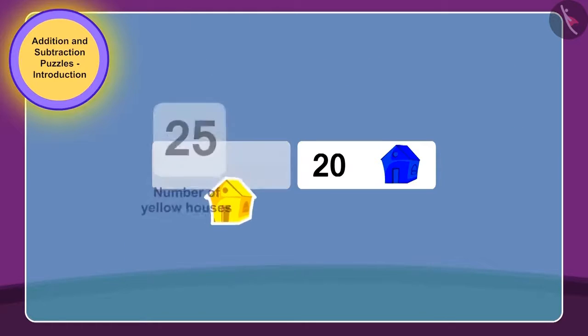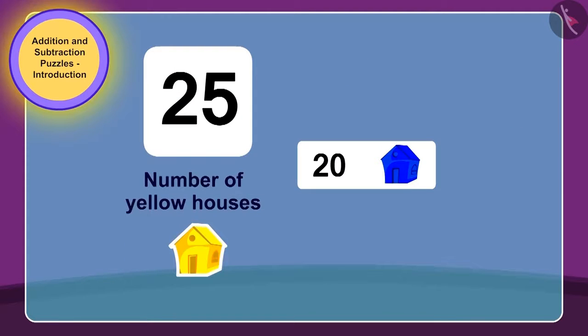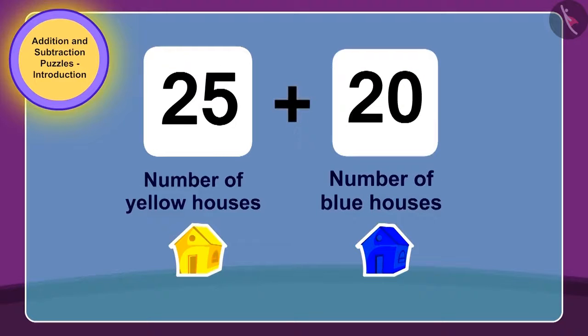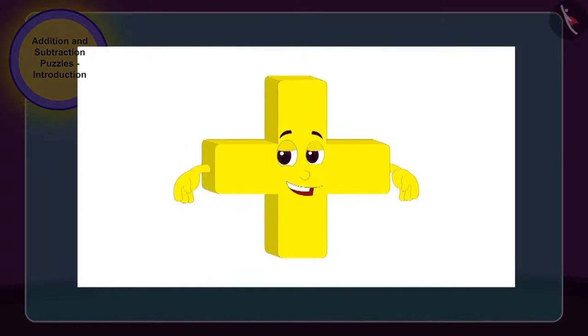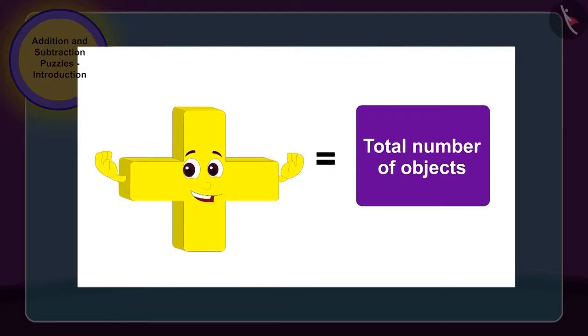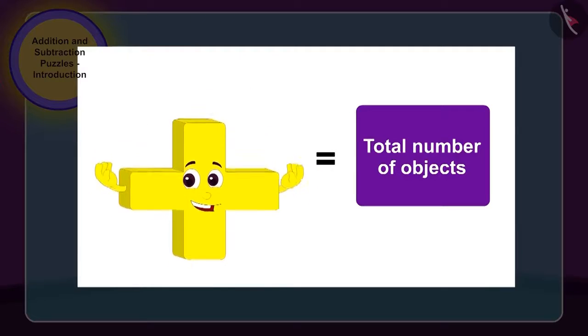To do this, we have to add the number of yellow houses, 25, to the number of blue houses, 20. As we need to make use of addition here, addition could easily enter this house. Children, whenever we have to find the total sum of numbers, we make use of the process of addition.